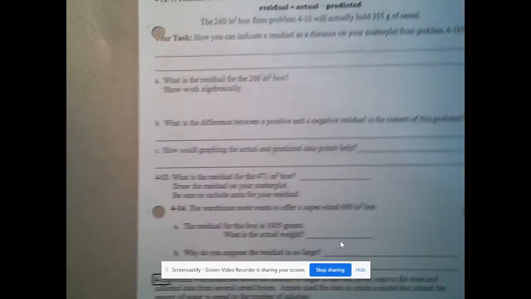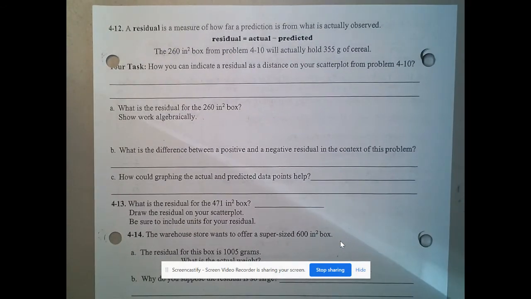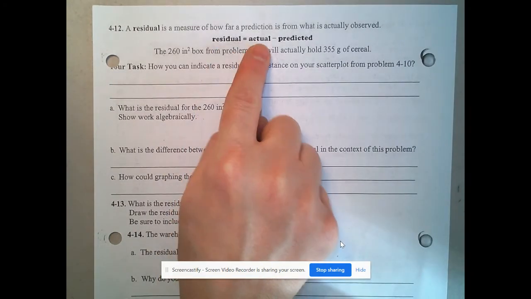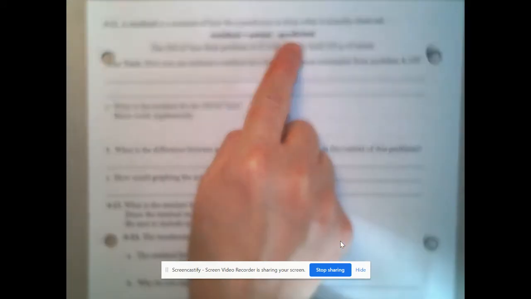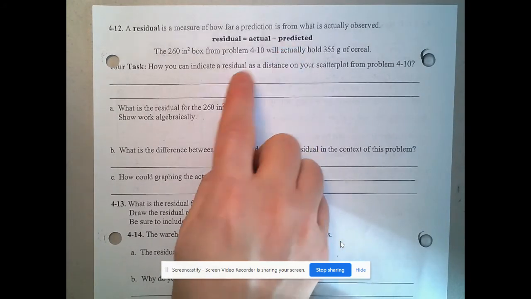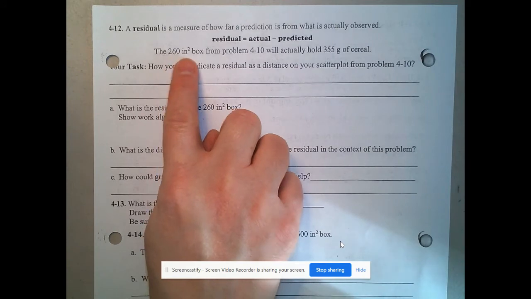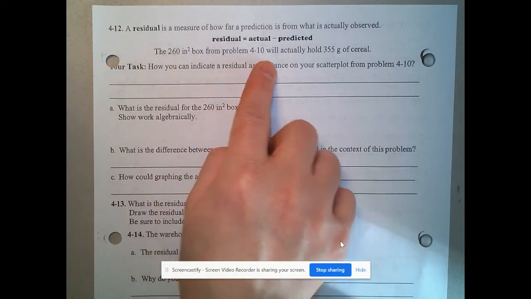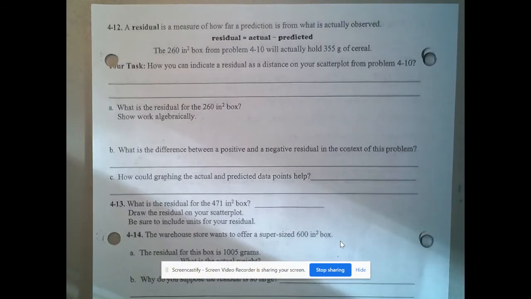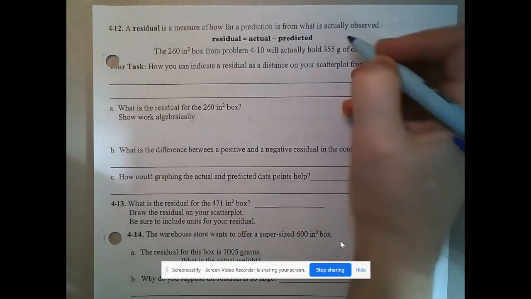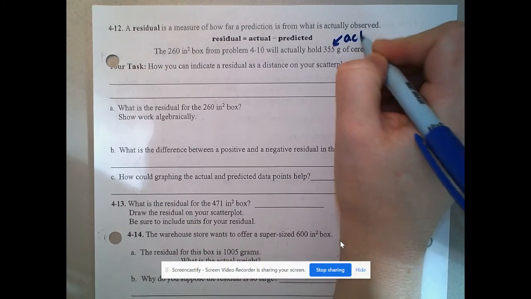Okay. A residual is the measure of how far a prediction is from what was actually observed. So in order to get the residual, we will always take the actual value and subtract the predicted value. In the 260 square inch box from problem 410, it will actually hold 355 grams of cereal. So this is our actual.